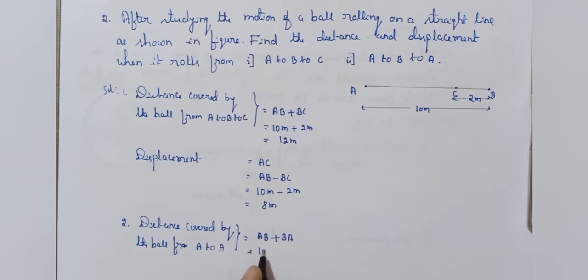AB is 10 meter, BA is also 10 meter, 10 plus 10, 20 meter. So the distance covered by the ball from A to A is 20 meter.